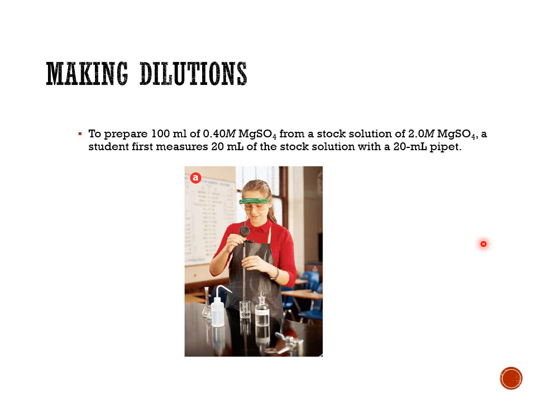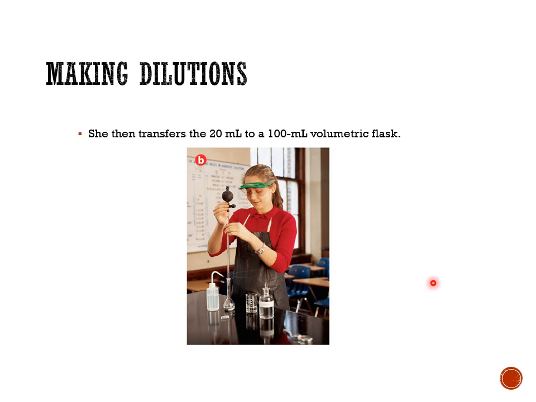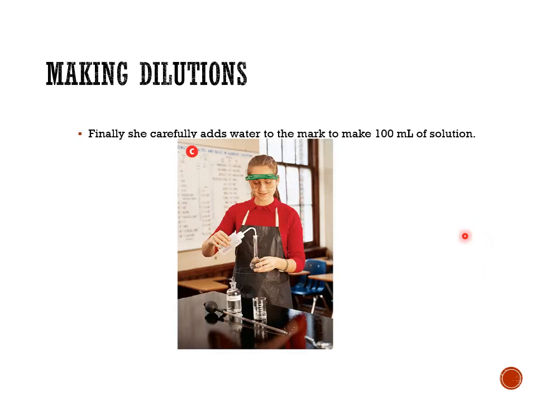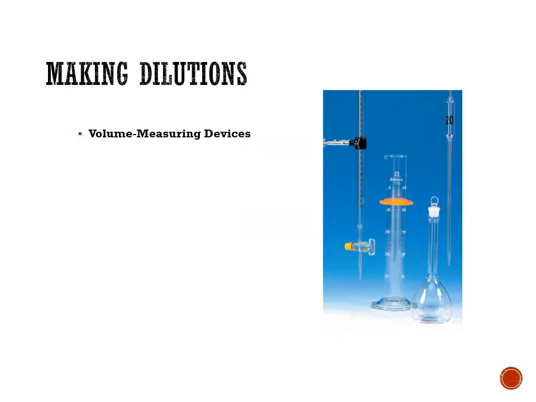So, here, a student first measures 20 ml of the stock solution with a 20 ml pipette. So, here's the pipette. Then, she transferred the 20 ml into a 100 ml volumetric flask. And then, she carefully added water to the mark to make 100 ml of solution.